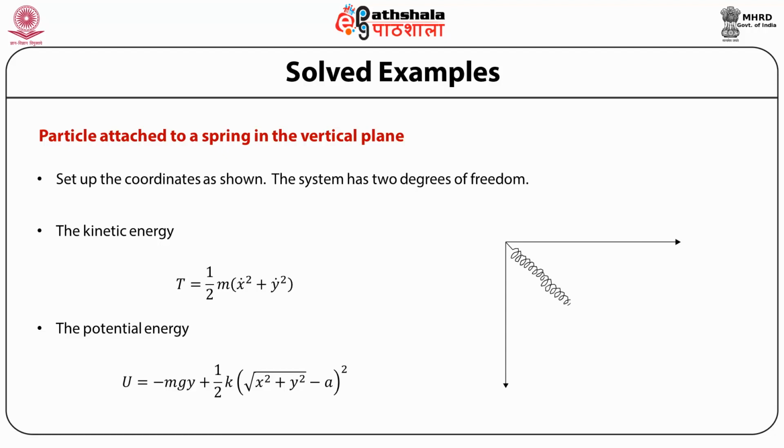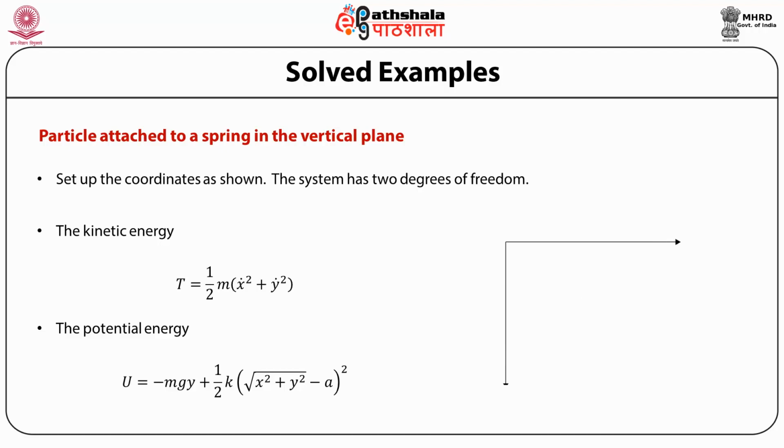So the potential energy U is equal to minus mgy, where we have taken the zero of the gravitational energy at the origin, and the spring energy is half k multiplied by under root x square plus y square, which is the length of the stretched spring, minus a, which is the length of the unstretched spring.